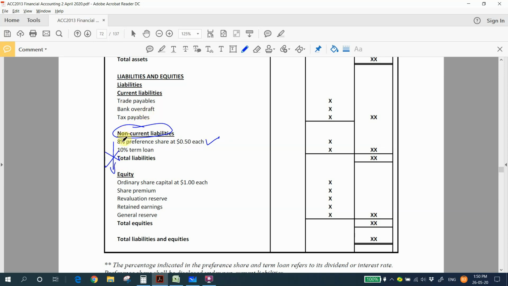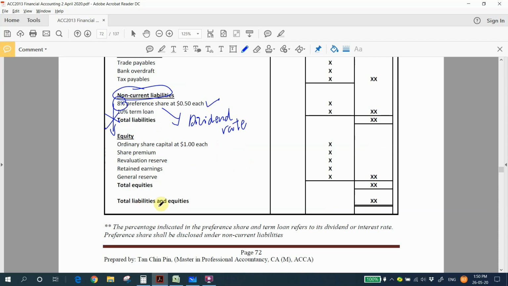And you can see the percentage here, right? Normally the percentage here refers to the dividend rate. The percentage indicated in the preference share and term loan refers to the dividend or interest rate. Preference share shall be disclosed under non-current liability.